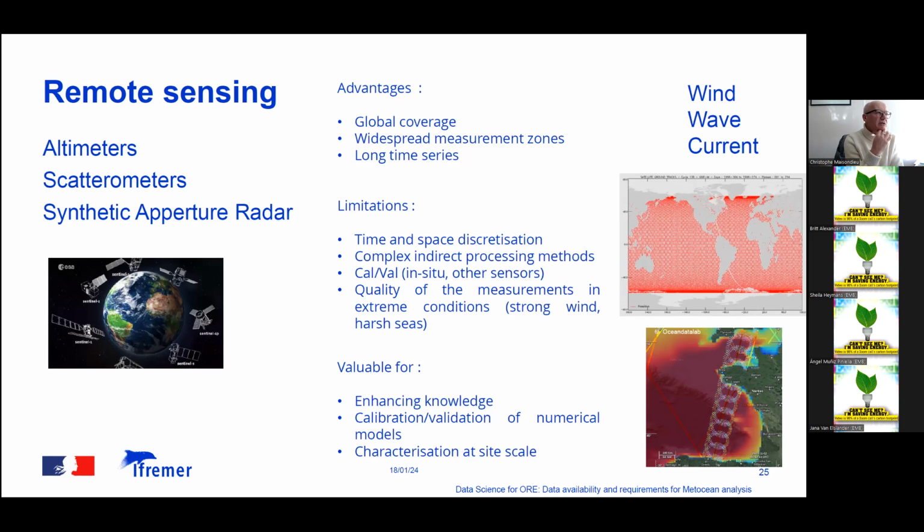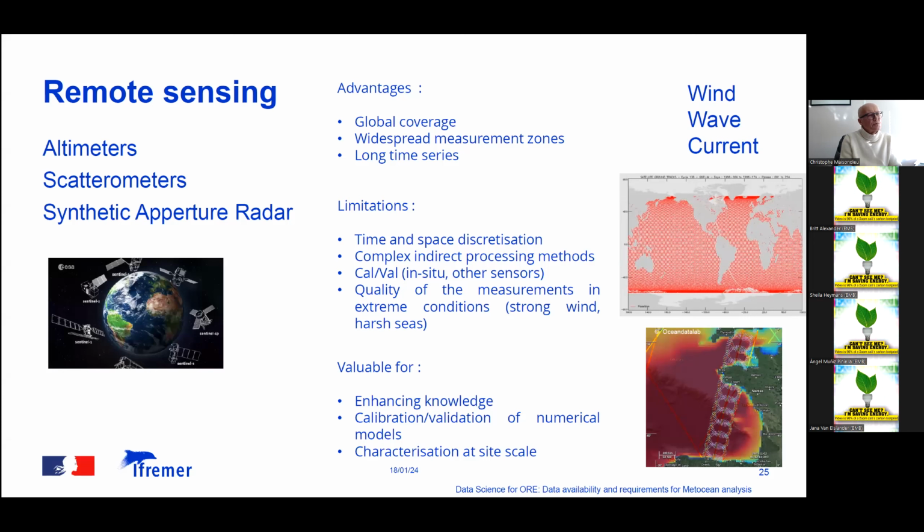The main advantage of remote sensing is the global coverage. We have relatively widespread measurement zones. The footprint of the altimeters is about 6 to 7 kilometers in diameter. And nowadays we have long-duration time series of continuous data, between 30 and 40 years of data.